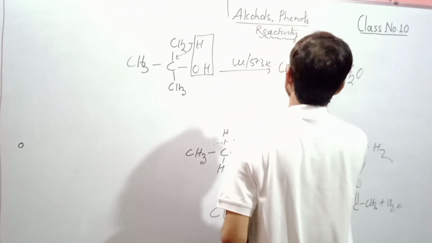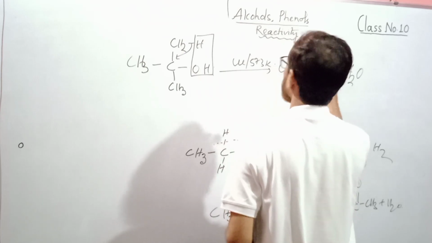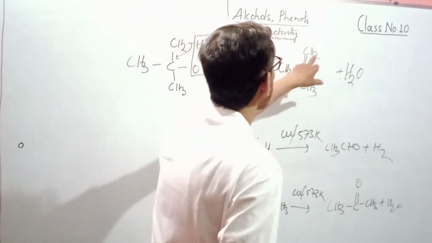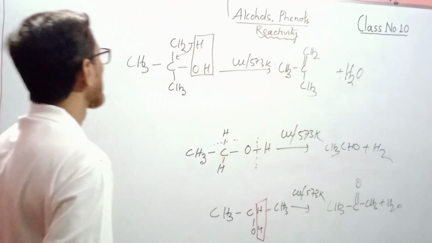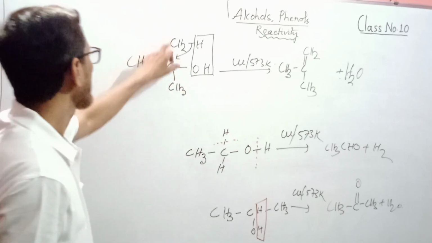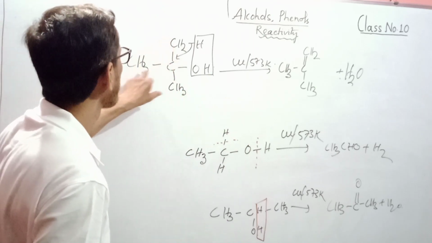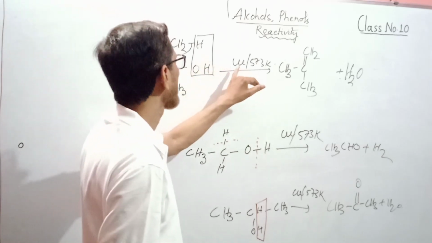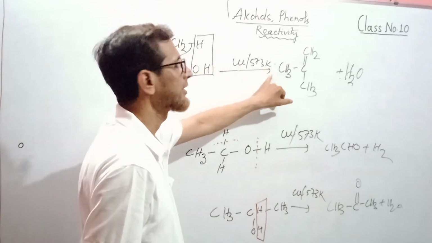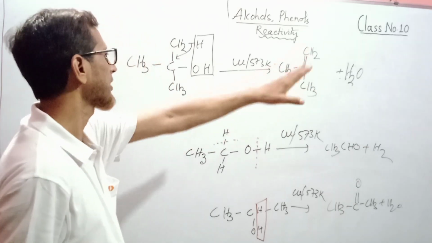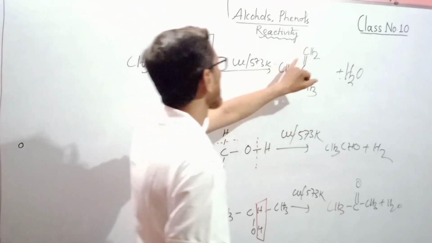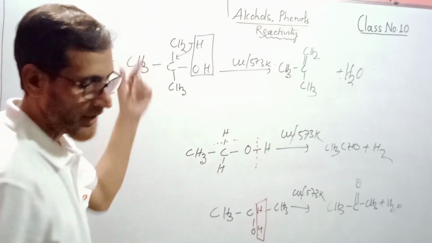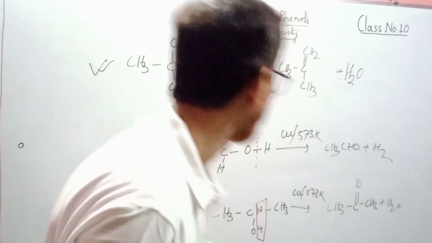What do we get? 2-methyl propene. So you are asked in the exam: 2-methyl propan-2-ol when heated over copper at 570 degree centigrade, what is the product formed? Answer: 2-methyl propene is formed, and this is the exception, and this is asked in the exam.